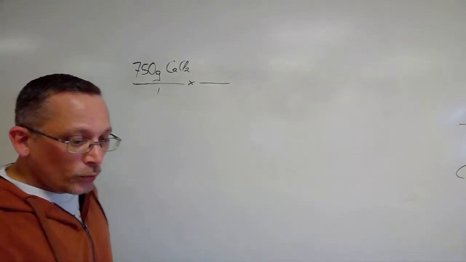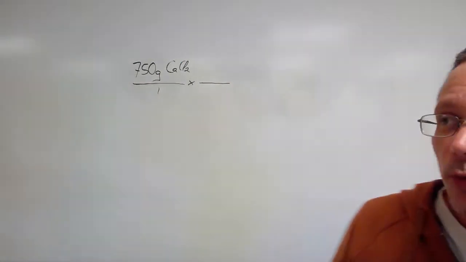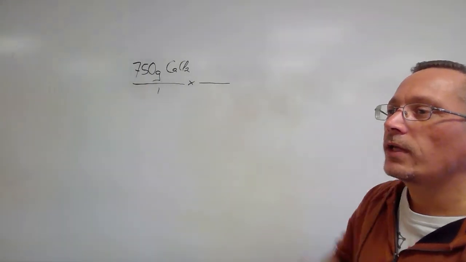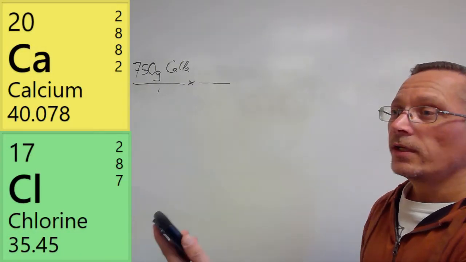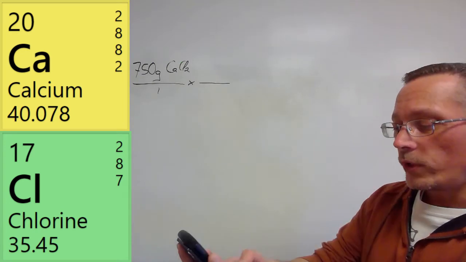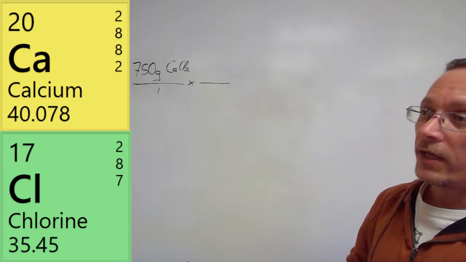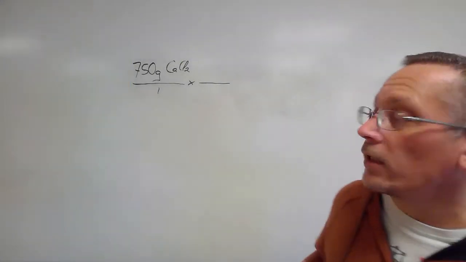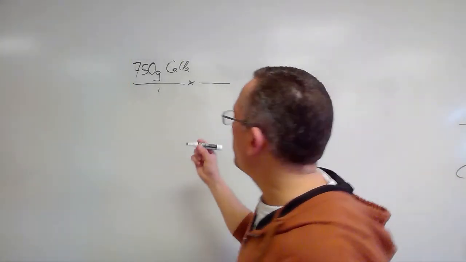Now with grams, we should go to the periodic table and add up the molar mass. So I'm going to find calcium and chlorine, and there are 2 chlorines. Calcium is about 40 and chlorine is about 35. There are 2 of them, so there I get about 110 grams that I'm going to put on the bottom.